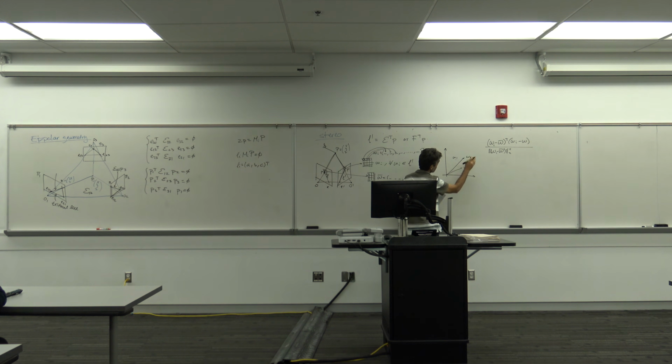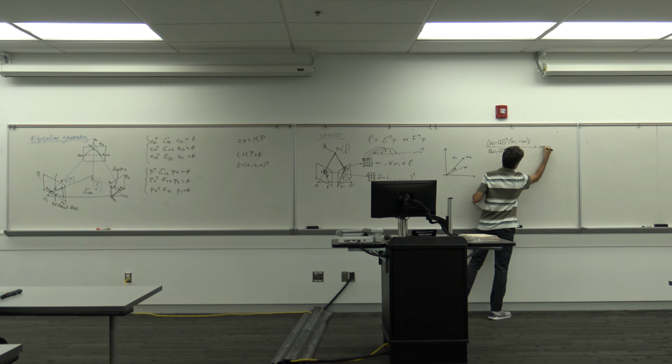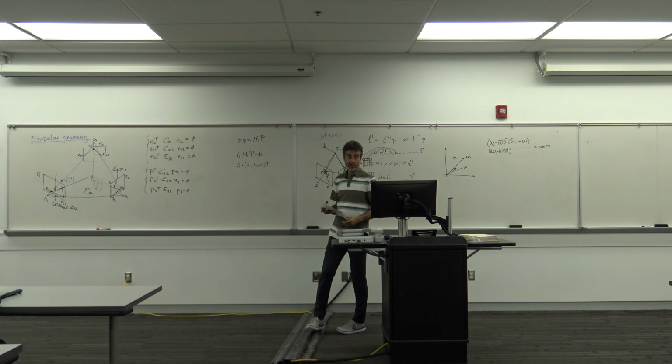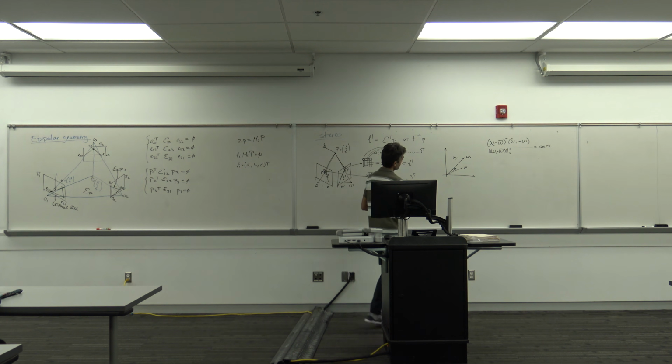And what this inner product does, if I normalize it like this, is compute the cosine of that angle. So this is equal to the cosine of that angle, right? The inner product of two normalized vectors is nothing else than the cosine of the angle.